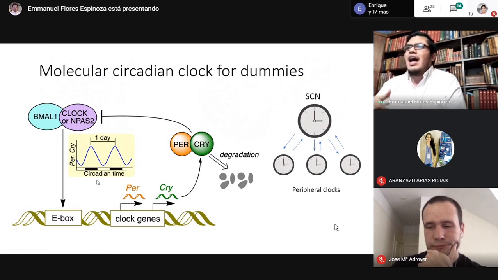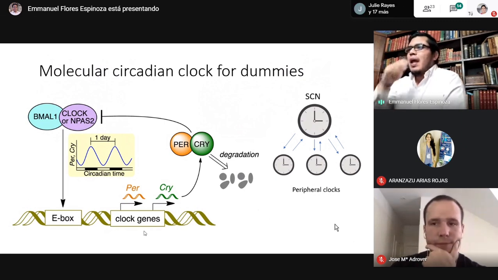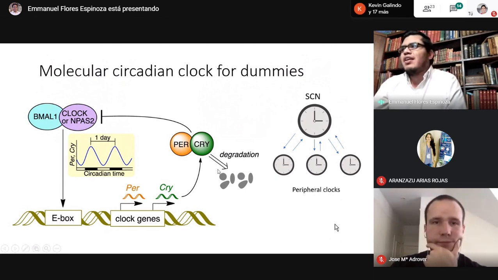every day. And the importance of this is that not only are these genes involved, but there are more genes involved in this regulation, and these more genes also regulate the expression of many other genes. So this is known as the molecular circadian clock, and it is present in different tissues.